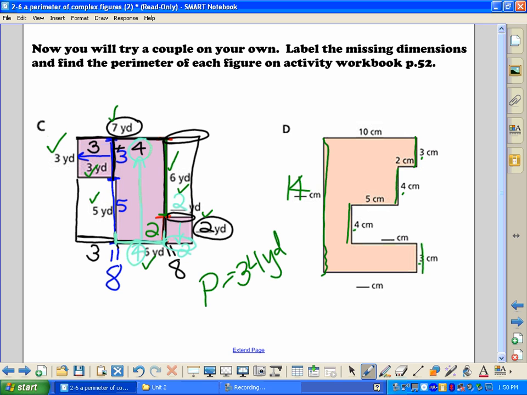Now we got to figure out this length. What is the bottom congruent to? The top. So what would it be? 10. All right. Now we got to figure out this length. How are we going to figure out that length? Oh my gosh, Cody.